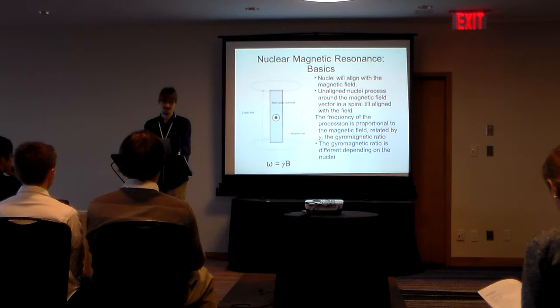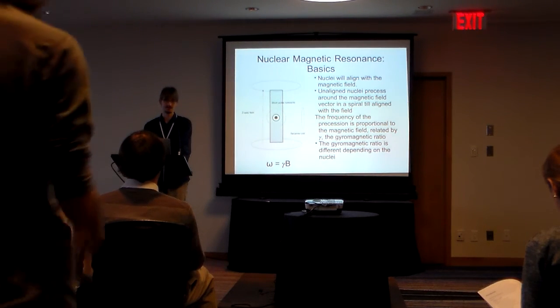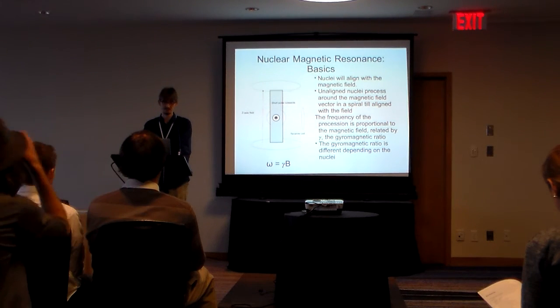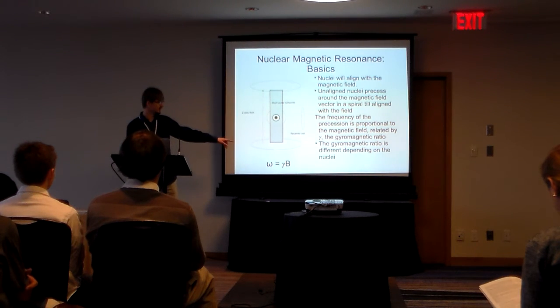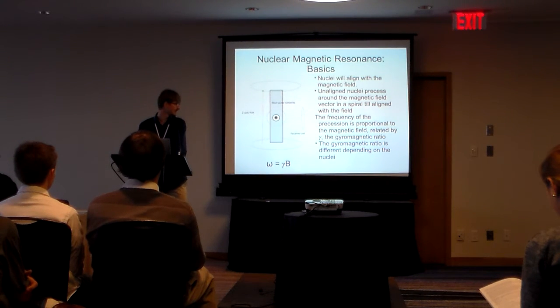And what happens then is we get precession of the magnetization of the sample around the magnetic field that it is in. The precession is related to the strength of the magnetic field by omega equals gamma B, where B is the strength of the magnetic field, omega is the frequency of the precession, and gamma is the gyromagnetic ratio, which depends on the properties of the sample.